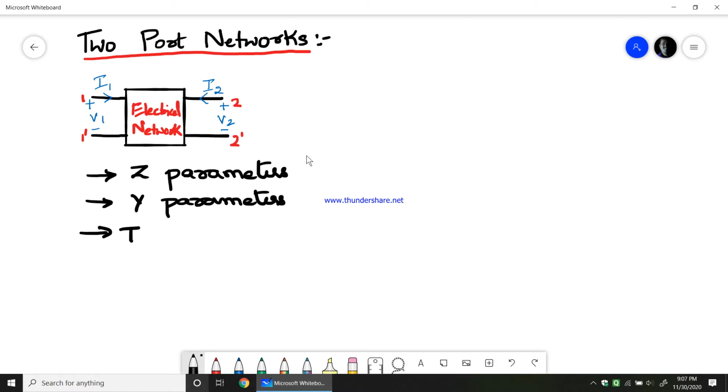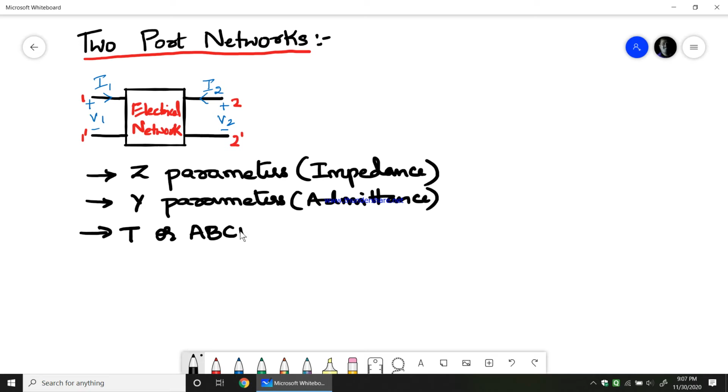Z is impedance, Y is admittance, and T parameters, also called ABCD parameters, where T stands for transmission parameters.